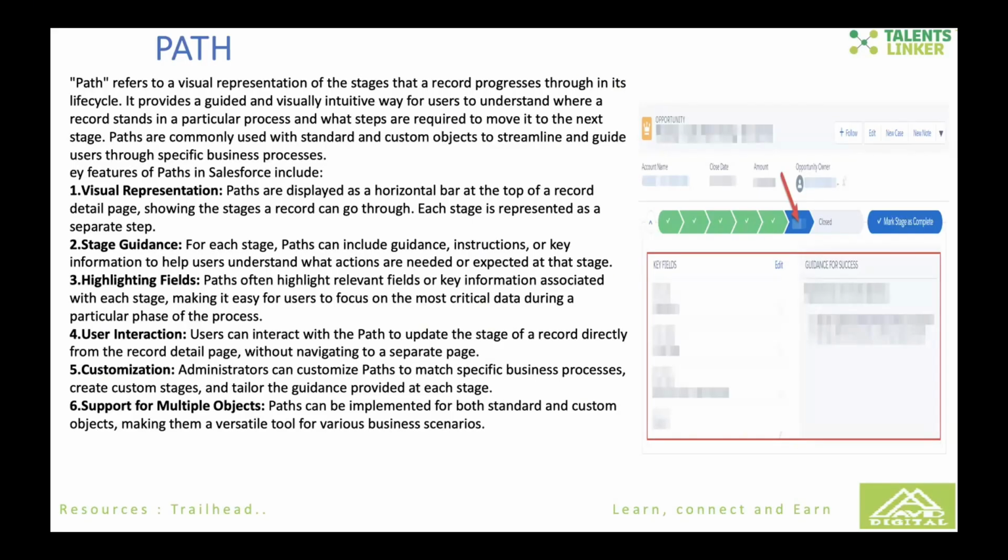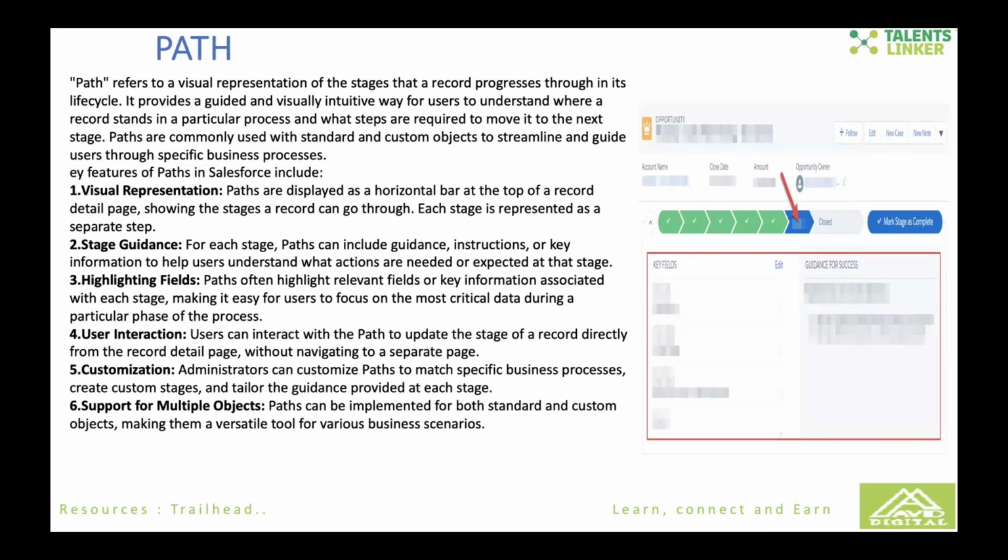When we create the path, it's actually helping us to guide our end users where they are at a particular time, and also to monitor the activities of all the end users on our platform. Then it also helps us with visual representation, whereby the path displays a horizontal bar on top of the record detail page, showing the stages a record can go through.